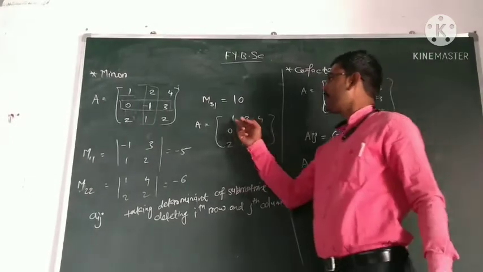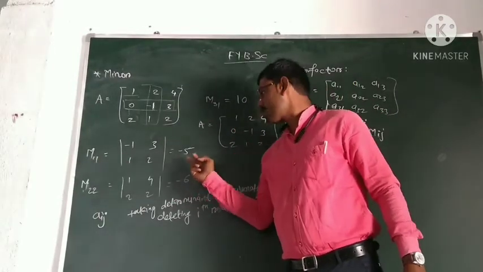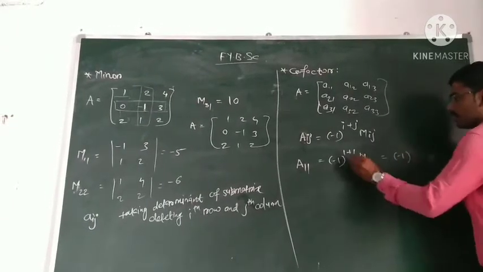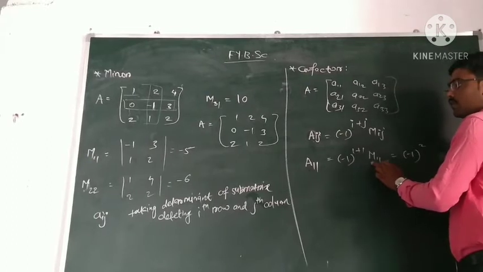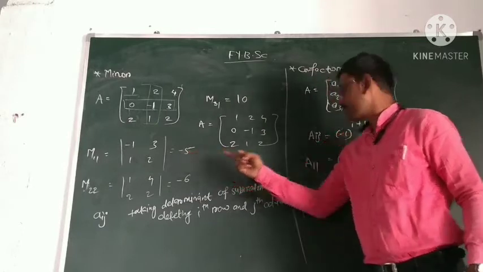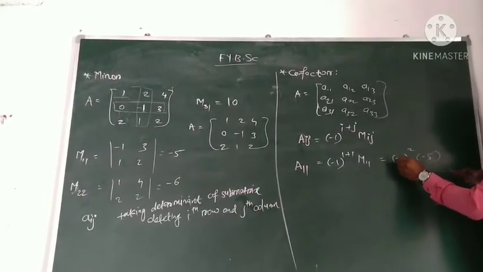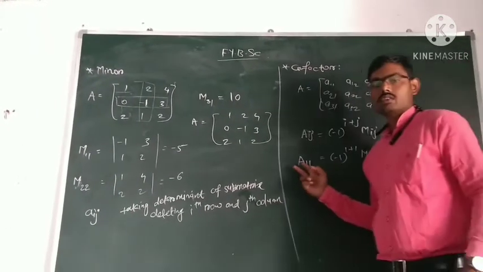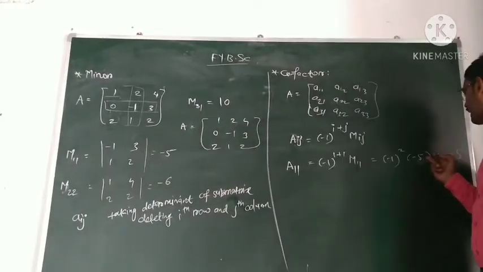The minor of this element we already found, it is minus 5. So minus 1 raised to power 2 into M11, which is minus 5. The square of minus 1 is plus 1, into minus 5 is minus 5. So the cofactor of A11, that is the cofactor of 1, is minus 5.